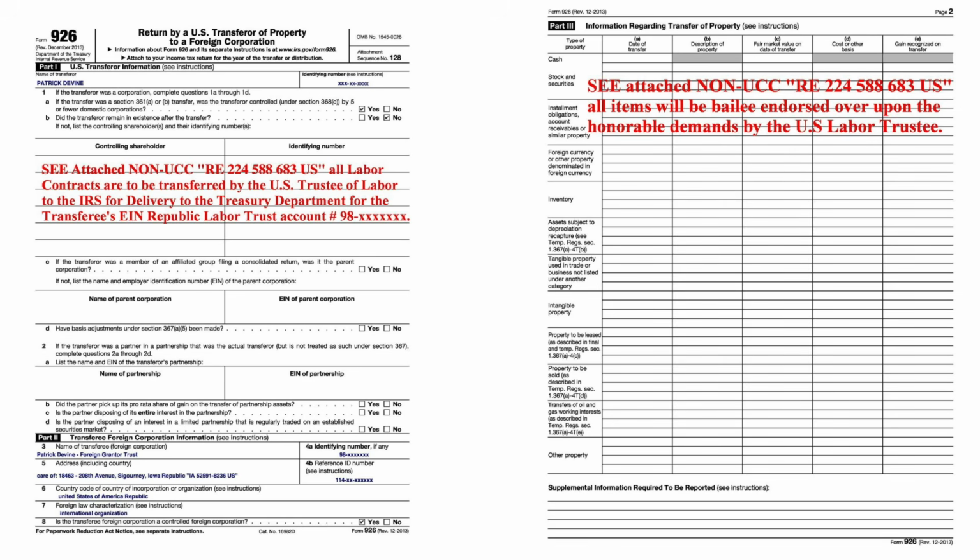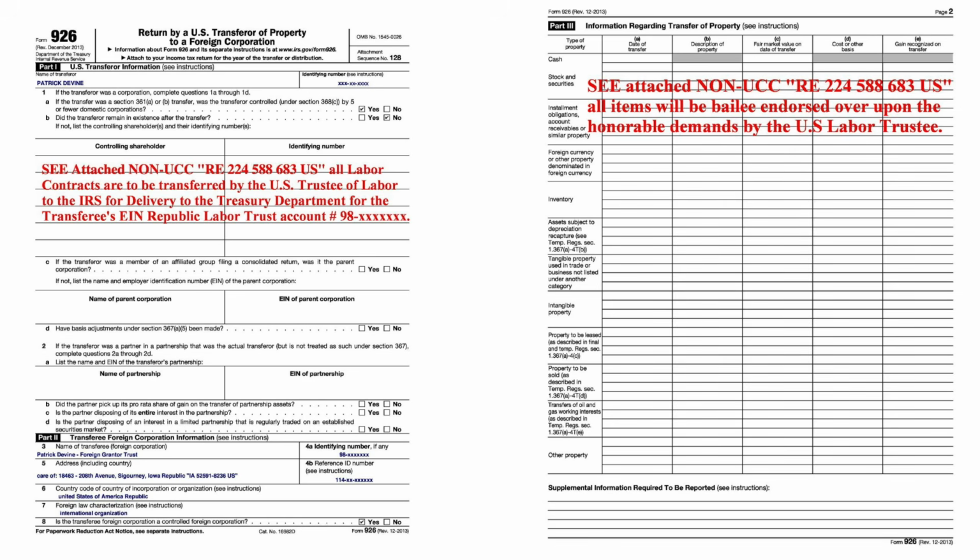I got to thank Dick Beck for that one. Basically, he said, we got to transfer these things. So I said, okay. I typed the word transfer into the IRS forms, and I said, give me all the IRS forms that talk about transfer. And then I started going down through them. I found this 926 form, said, here it is right here. It even talks about the 10% tithing. So I said, this is what we need to do.